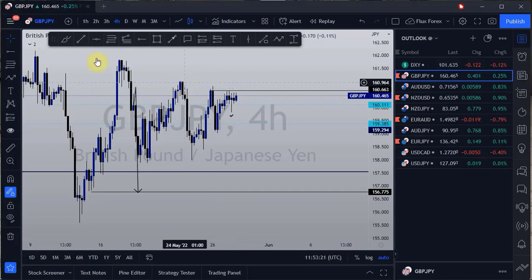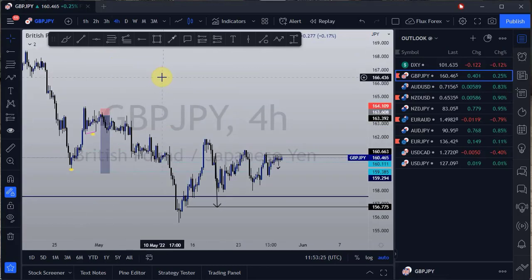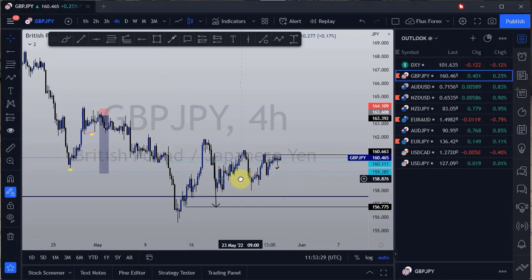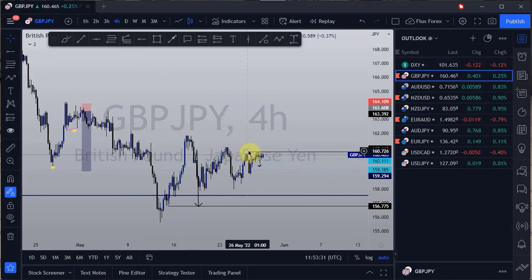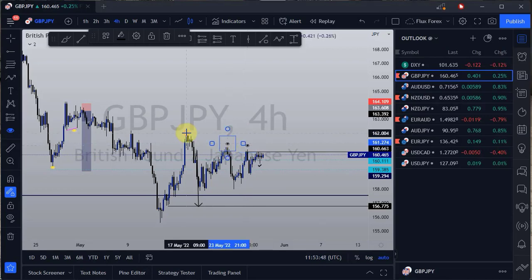If it breaks this and finally breaks this, that really will tell me that we are up for some bullishness on the dollar index. So be watching this high, and then this high.